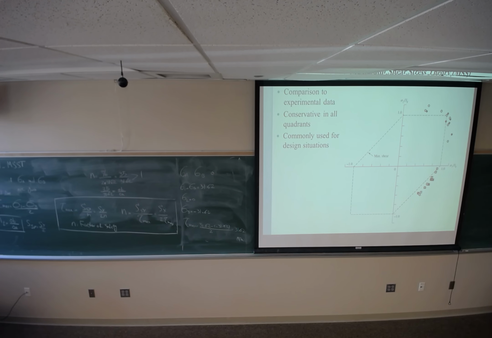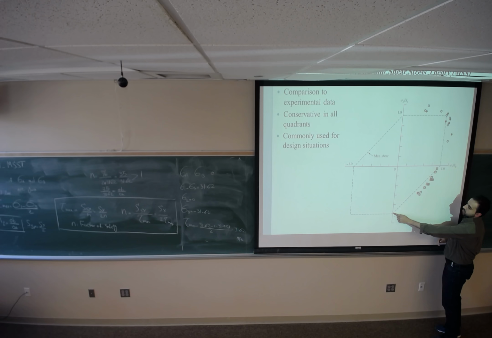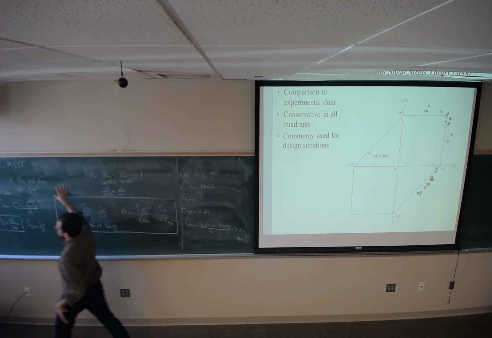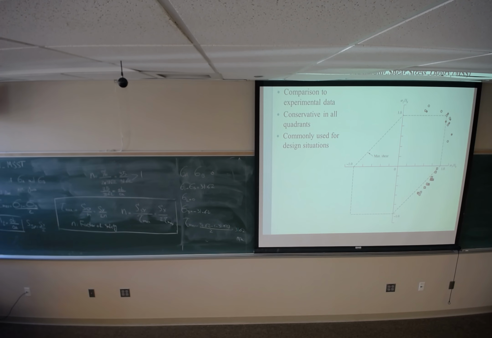As you see, all of the failure points are out of this zone. So it's telling me that our theory is conservative, and we can be safe if we use it for real design, because we expected to have failure if the points are out of the zone, which matches the experimental data. So I will keep this theory to be applied in design. We are keeping this because of this graph.